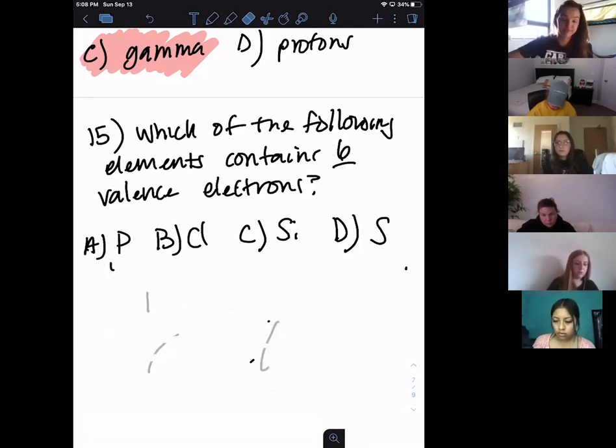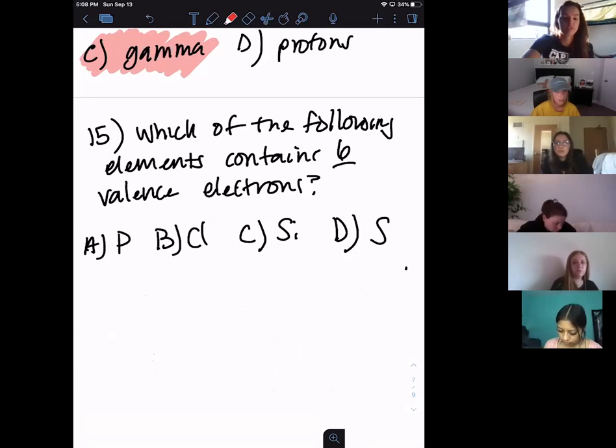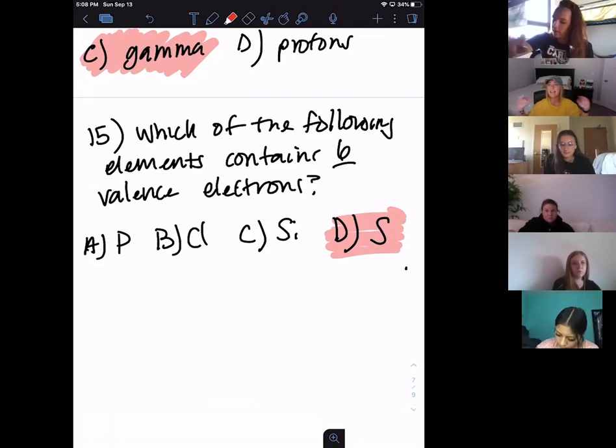So in that case, what's the answer? Which one has 6? Silicon. Phosphorus. Wait. 6 valence electrons, which one? Not silicon, sulfur, sorry. There you go. Okay. Are we good with that? That will be on there.